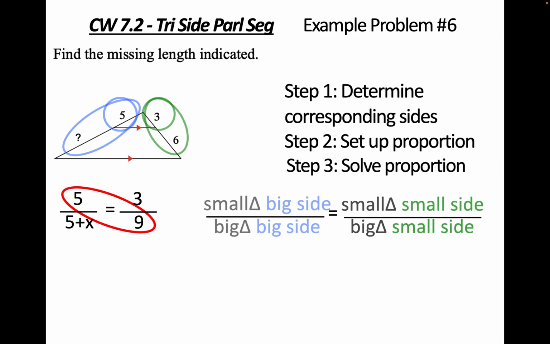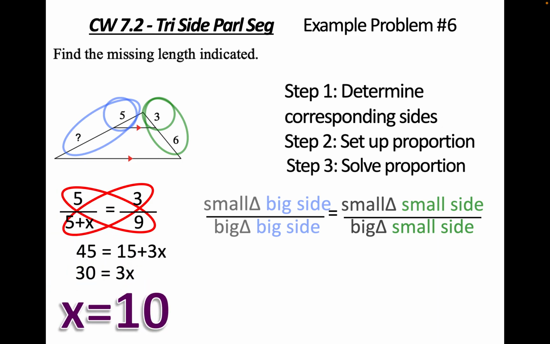Cross multiply, so that would be 45 is going to equal 3 times 5 plus x. Distribute the 3, 15 plus 3x. If I subtract 15 and divide by 3, I get x equals 10. So we can see that the missing value there is going to be 10.